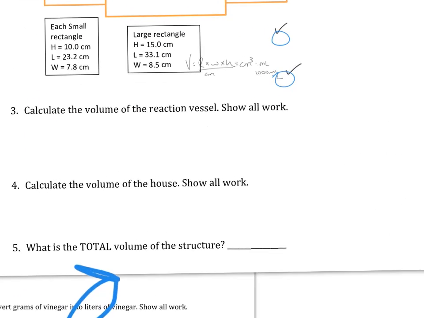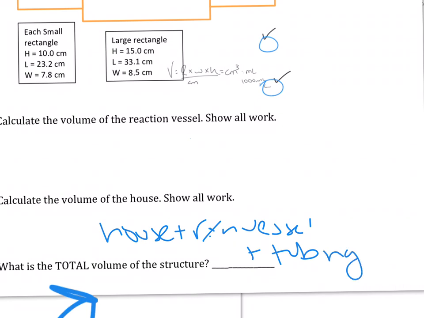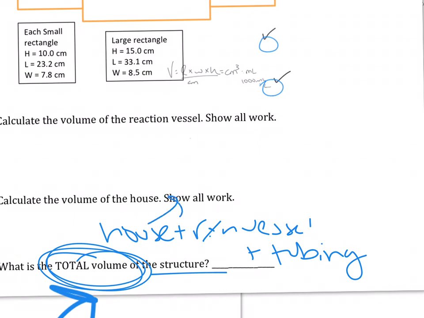So then, once you have the volume of your house plus the volume of your reaction vessel plus the volume of your tubing, all of those added together is the total volume of your structure. So your house final volume needs to be in liters, your reaction vessel is in liters, your tubing is in liters.